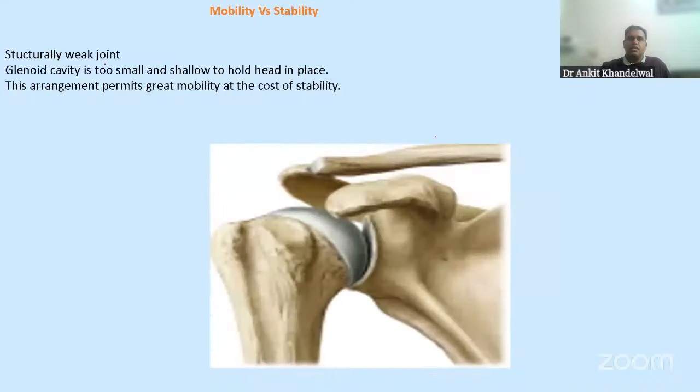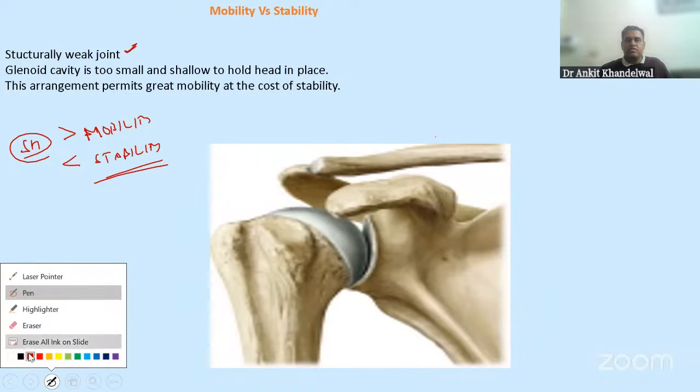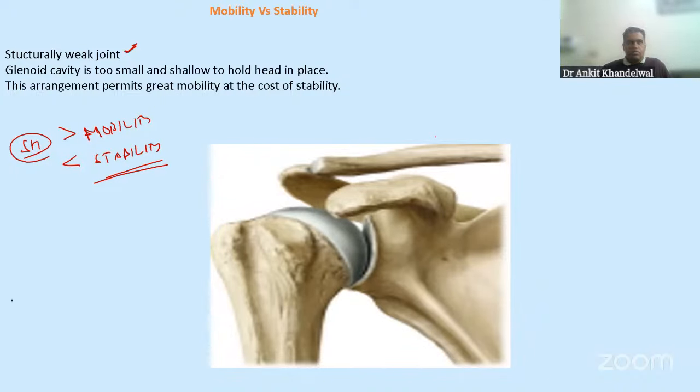Then obviously it's a structurally weak point, as we discussed, that the shoulder joint has more mobility and less stability. Let us understand from a life perspective. People who are more mobile, always roaming from one city to another looking for jobs or business, are obviously less stable.